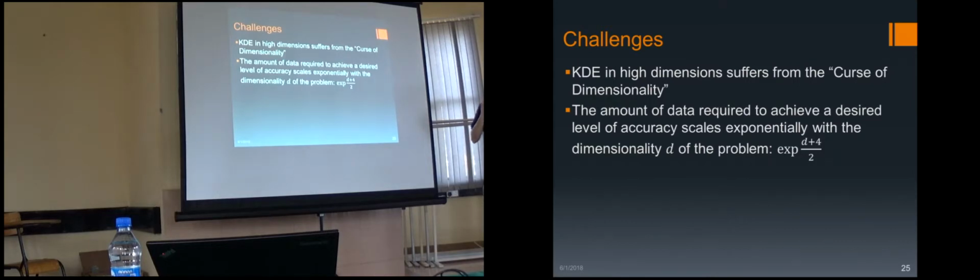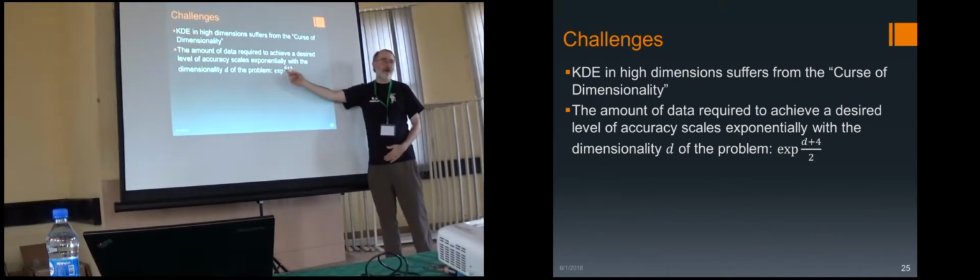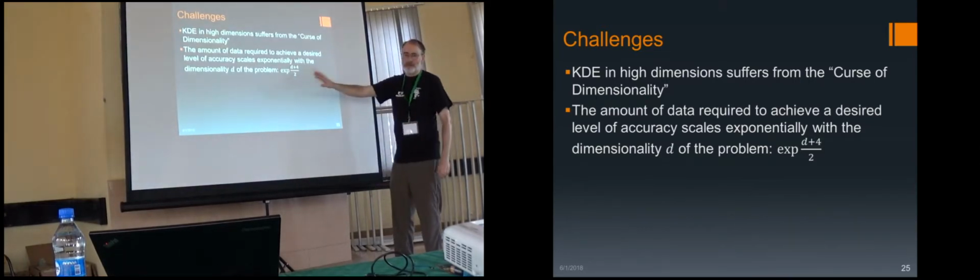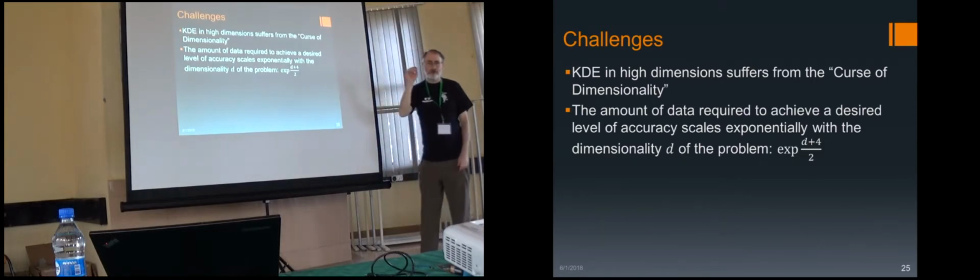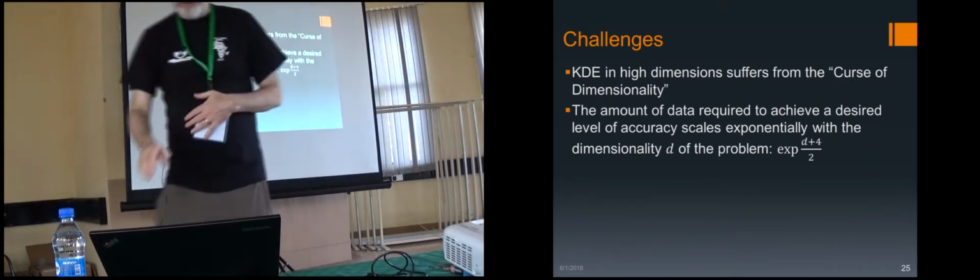So doing a one-dimensional or two-dimensional density estimate is pretty easy, but if we did 100 dimensions, we would have e to the 50th power amount of data. It would be huge, right? So this is the main reason kernel density estimation is mostly reserved for very low-dimensional problems. But of course, there are people working on fixing that too.